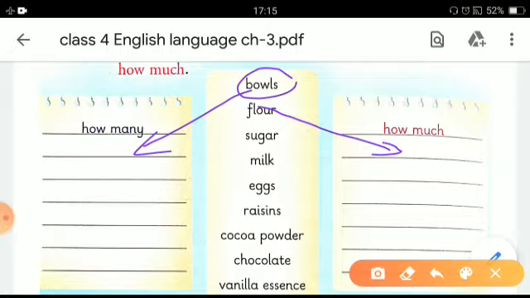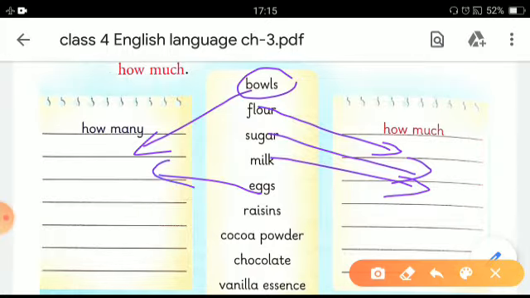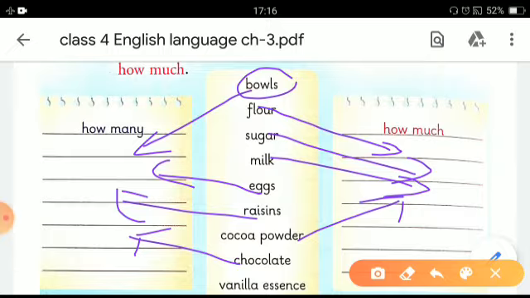Sugar is an uncountable noun. Milk, again uncountable. Eggs, countable. Raisins, countable. Cocoa powder, uncountable. Chocolate, countable.